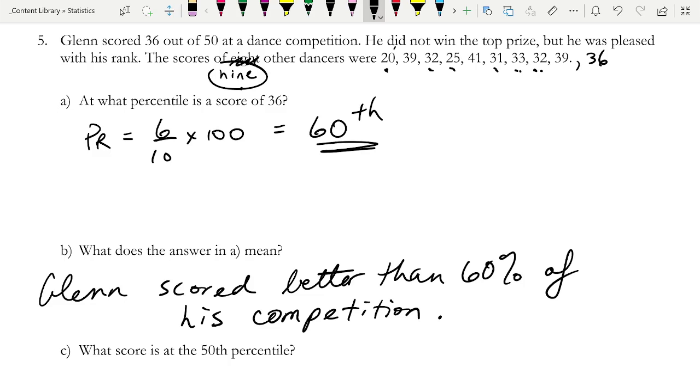So here's the smallest. So 1, 2, 3, 4, 5, and what's the next number after 33? Oh, wait a minute, I missed one. Oh, hang on. I'm going to start over. I missed the 25. How did I do that? I don't know. Oh, whoops.